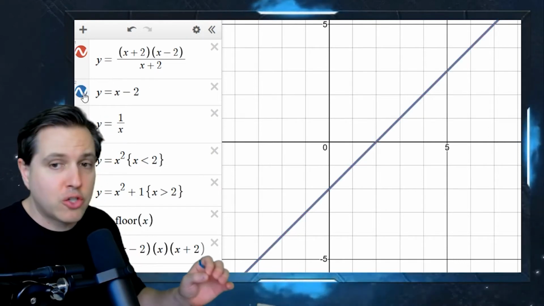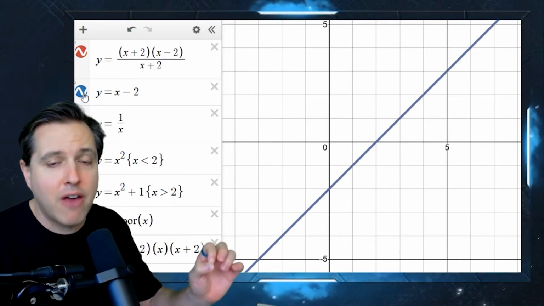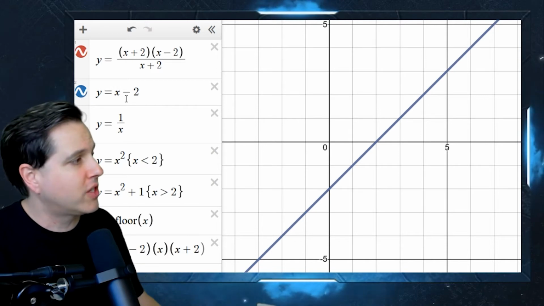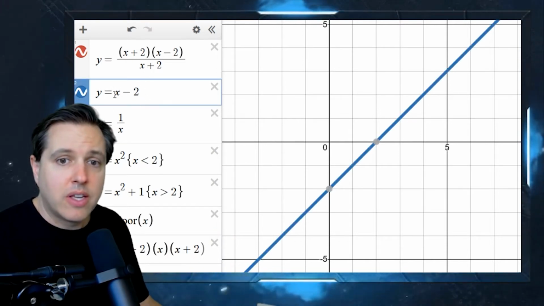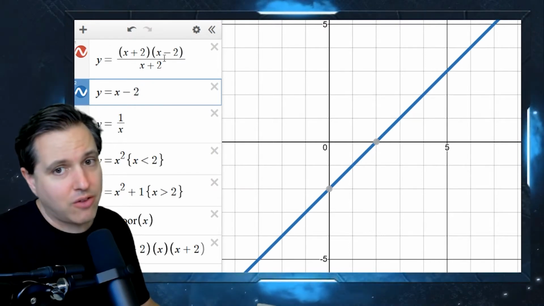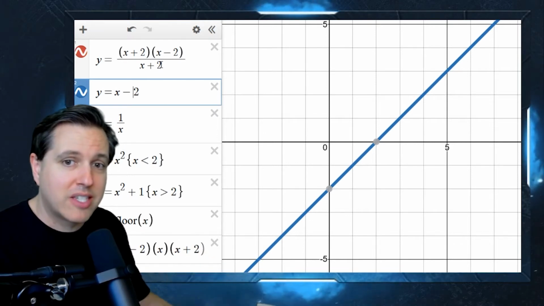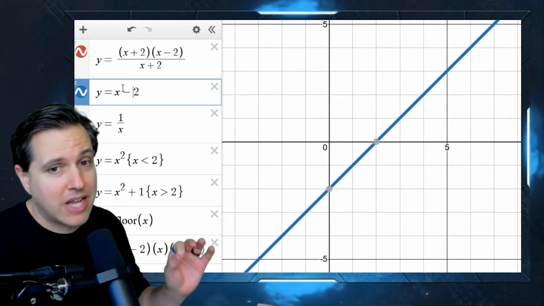So technically, these two functions are not equal to each other. They're equal to each other almost everywhere, except there's one difference between these two functions. So this line is defined at x equals -2. This function up here is not defined at x equals -2. So although they're very, very close to being the same thing, this one has a hole poked in it. This one does not. So they're technically different.